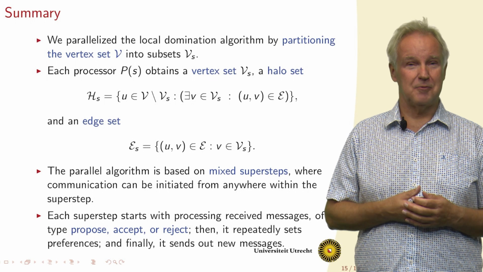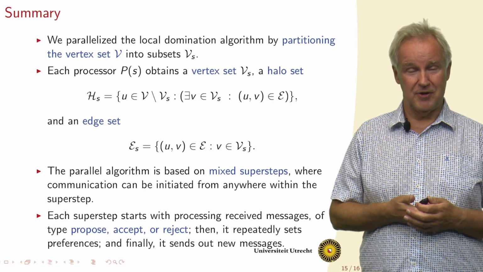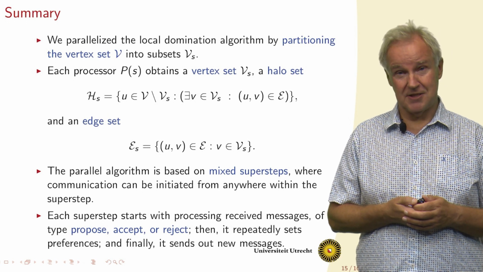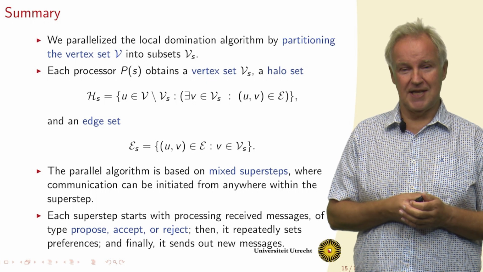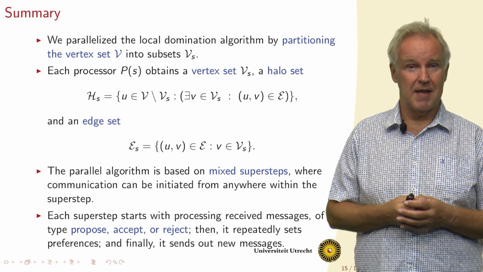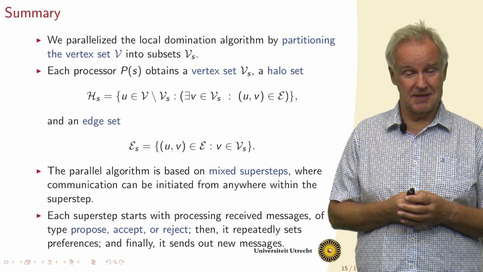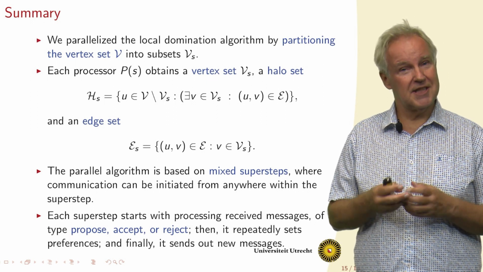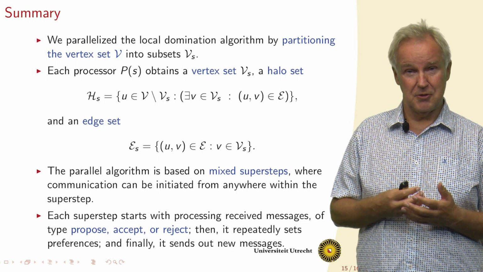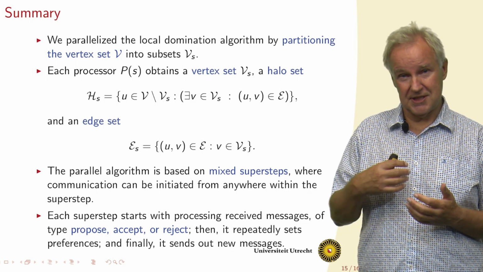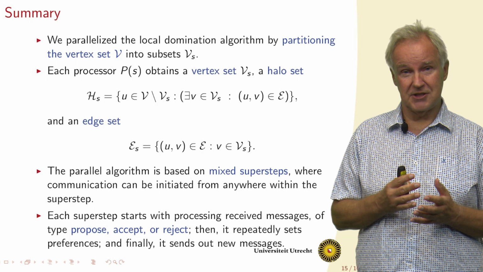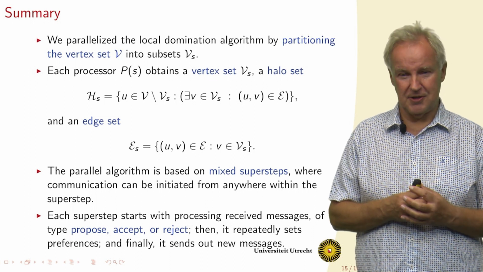Let's summarize what we have learned in this video. We parallelized the algorithm by partitioning the set V into subsets Vs. Every processor Ps then has such a subset, Vs, and it also has a halo set, which consists of all the vertices that surround the vertex set Vs, so are connected to it, but are not inside Vs. And we then have an edge set, which are all the connections, both internal and external.